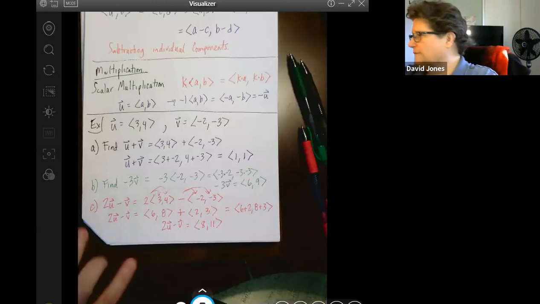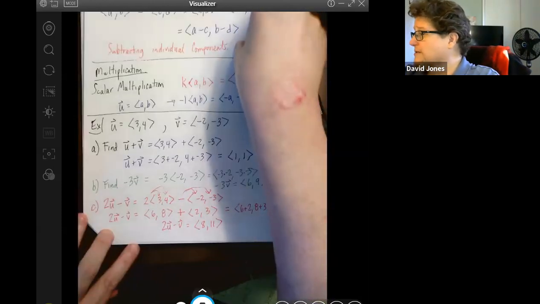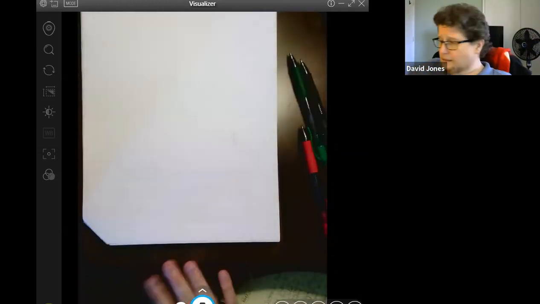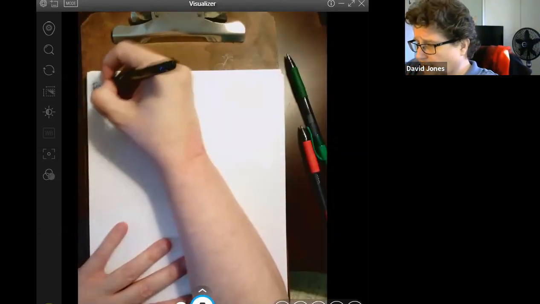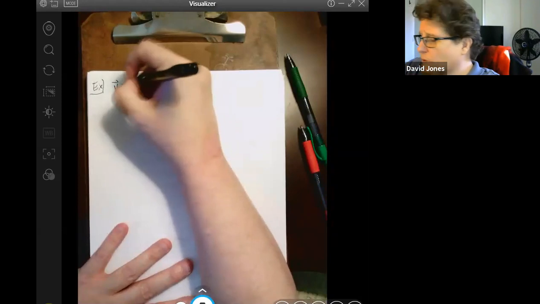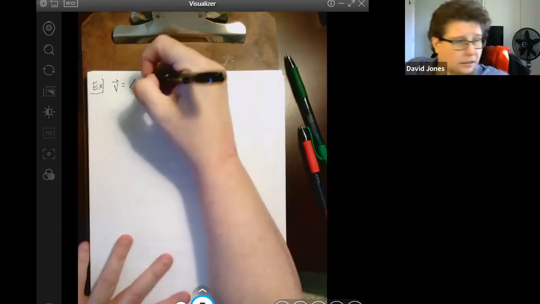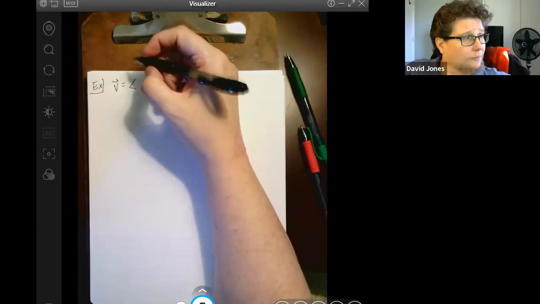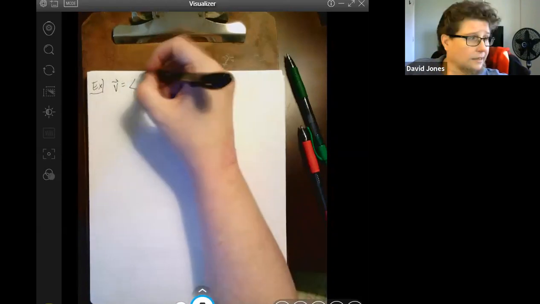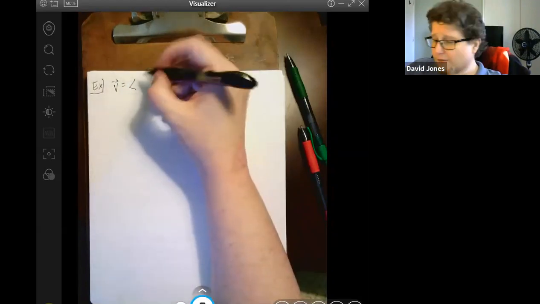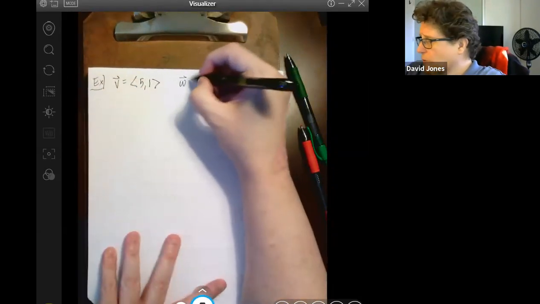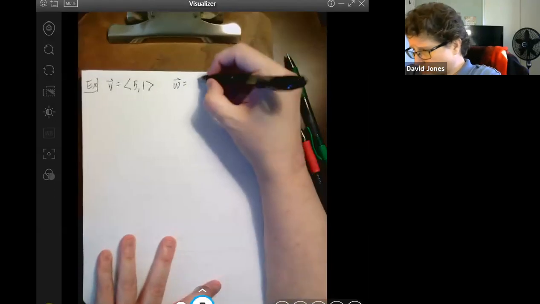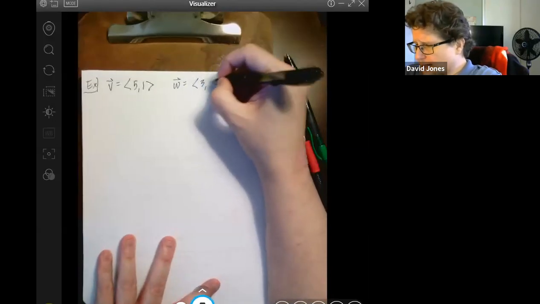You guys ready to try one with a bunch of options on your own? Okay. Let's go with, we'll say v equals, what did I use in the last one? I want to have them different. v equals 5, 1. w equals 3, -2.